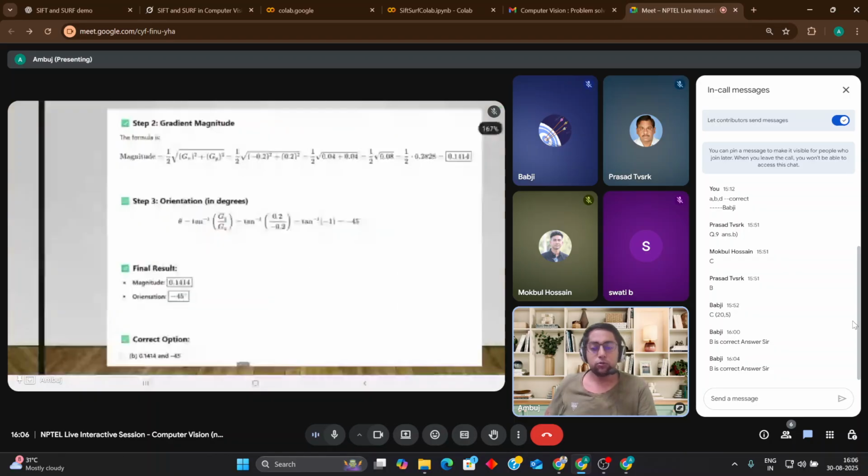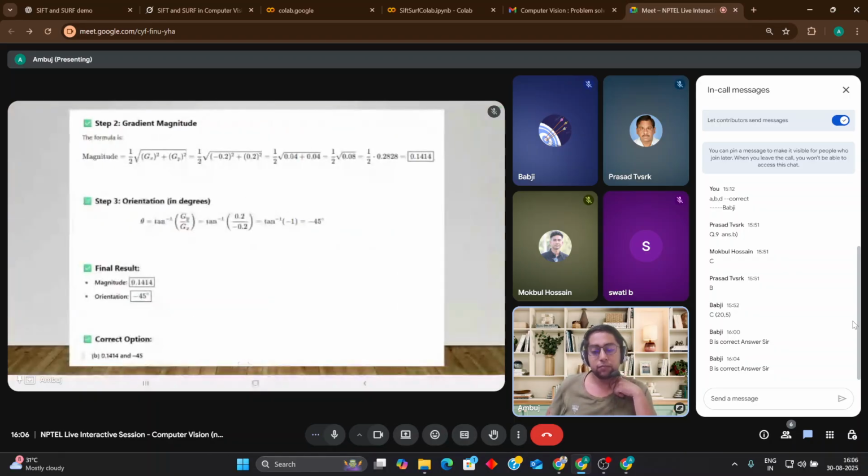Then you compute the gradient magnitude in the x and y directions. Use the Manhattan rule, it would be 0.1414. Then the orientation would be tan inverse of gy over gx, which is tan inverse of negative 0.2 over 0.2.